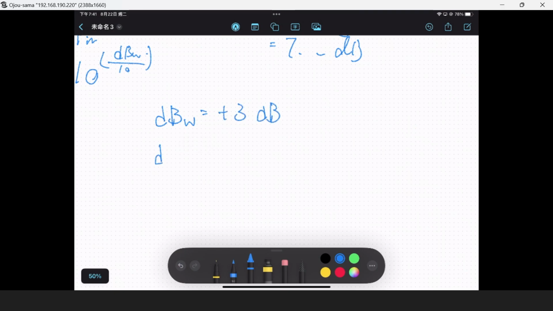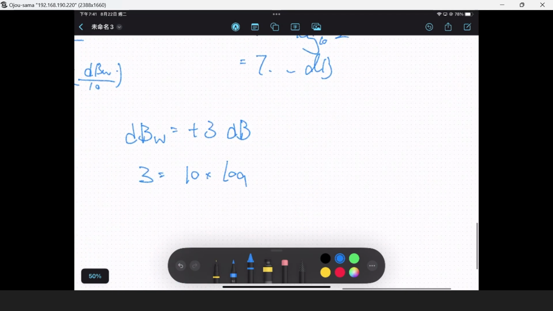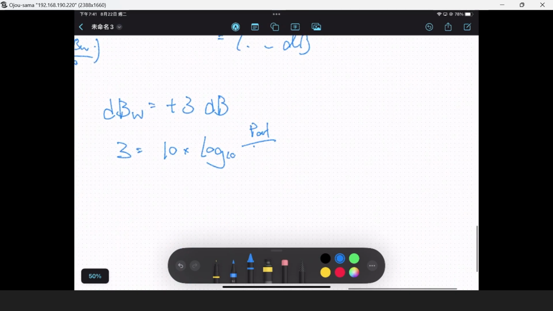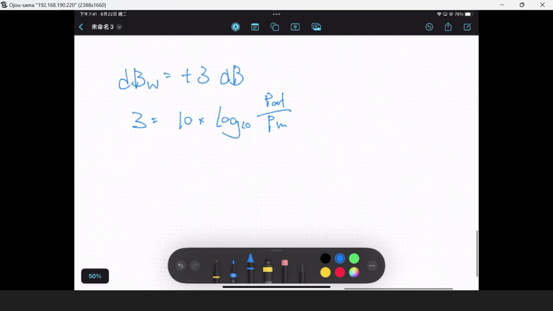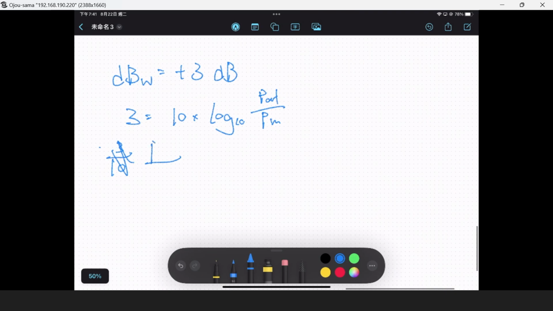So 3 equals 10 times log base 10 of P out over P in, okay? Which equals 10 to the power 3 over 10. So you can calculate what this number is. Let me open an Excel.